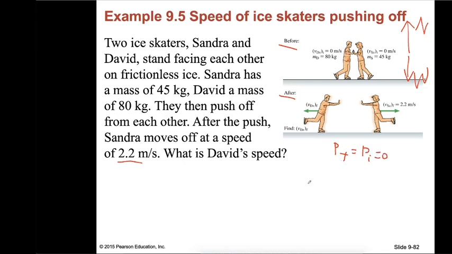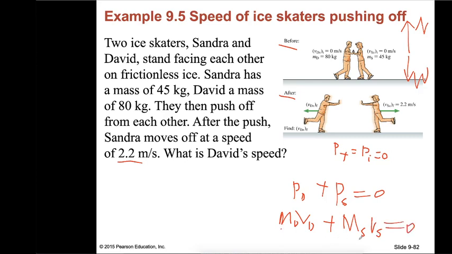If P final equals zero, then P final equals P David plus P Sandra equals zero. P David is M David V David. P Sandra is M Sandra V Sandra, and the sum equals zero.